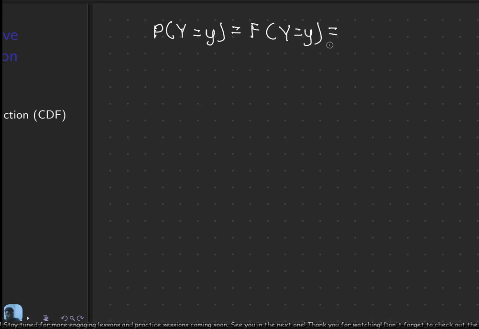If you want the probability mass function of any random variable from your probability distribution function, F of y equals y, what we do is first find F of y, then subtract another value that is less than it from it.